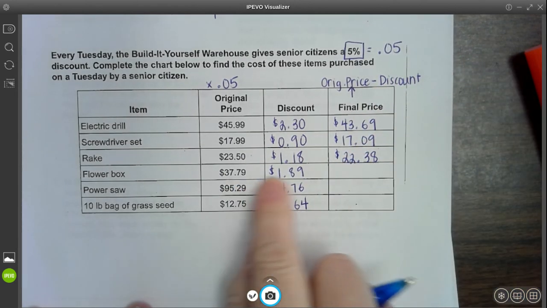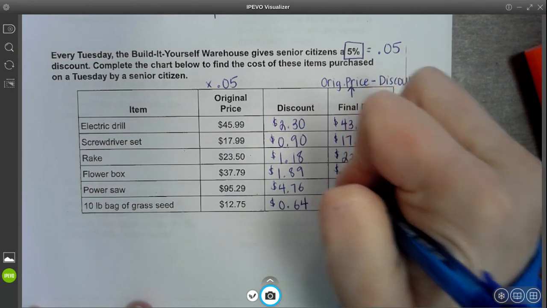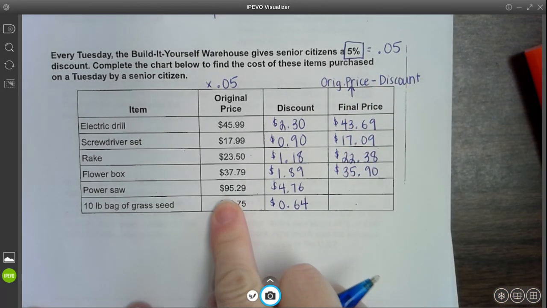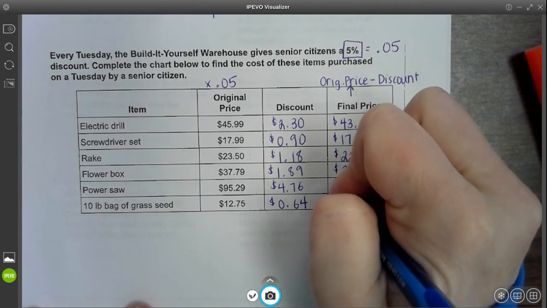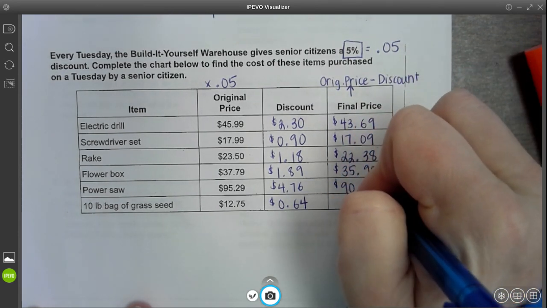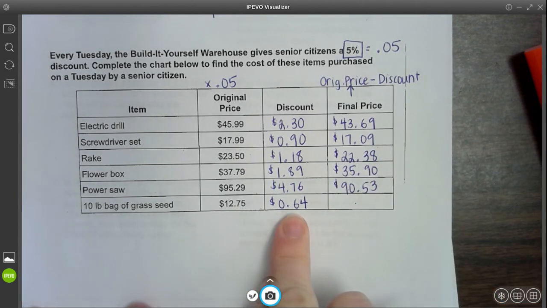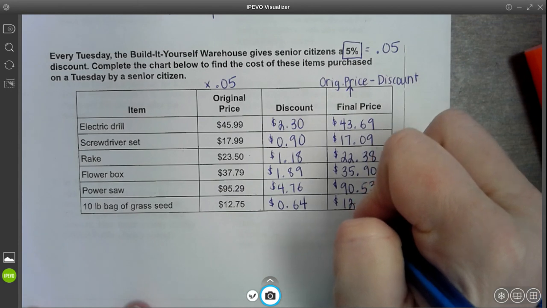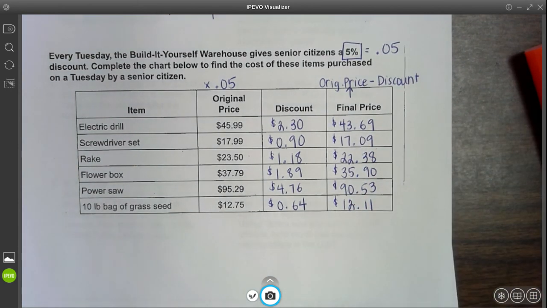Okay, if I subtract these two, I end up with $35.90. If I take $95.29 and subtract the $4.76, it's $90.53. And finally, $12.75 minus 64 cents is going to be $12.11. Okay, there you have it.